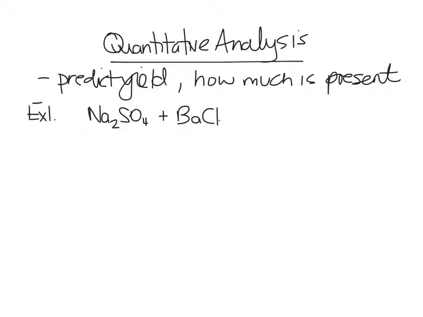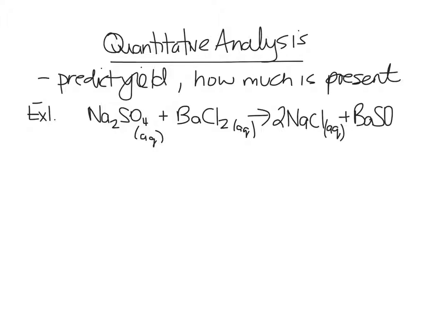So we are mixing two quantities of two different solutions together, and we're going to make sodium chloride solution and barium sulfate precipitate. So far, all we've done here is a double displacement reaction and balanced it, put in our subscripts.